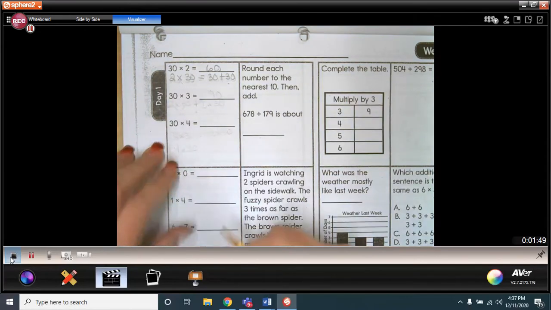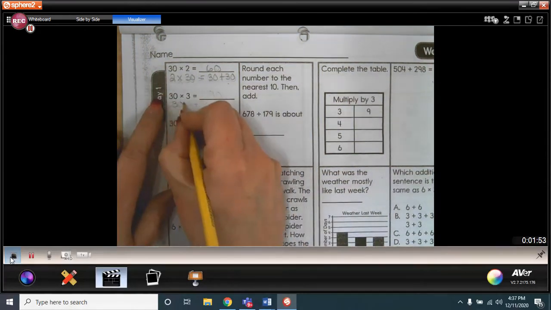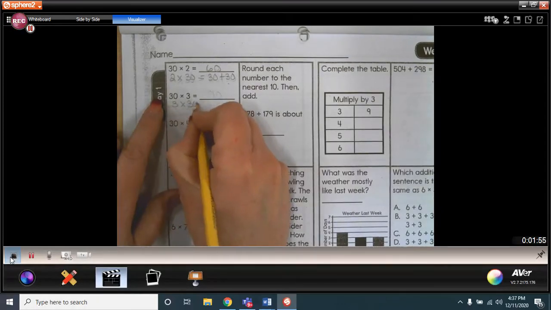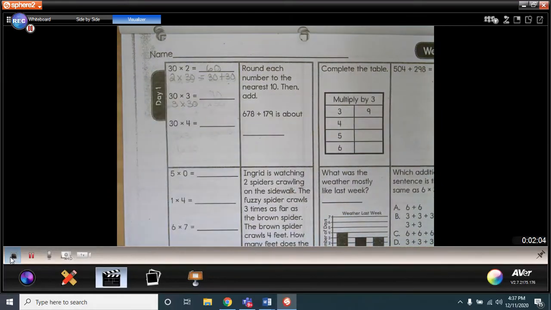Now my next problem is 30 times 3. And again, I'm just going to take my understanding and switch my factors, and now I've got 3 groups of 30 instead of 30 groups of 3.